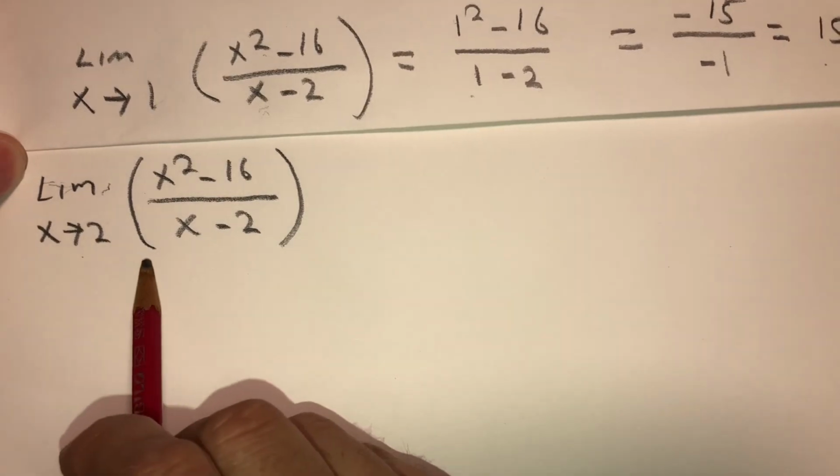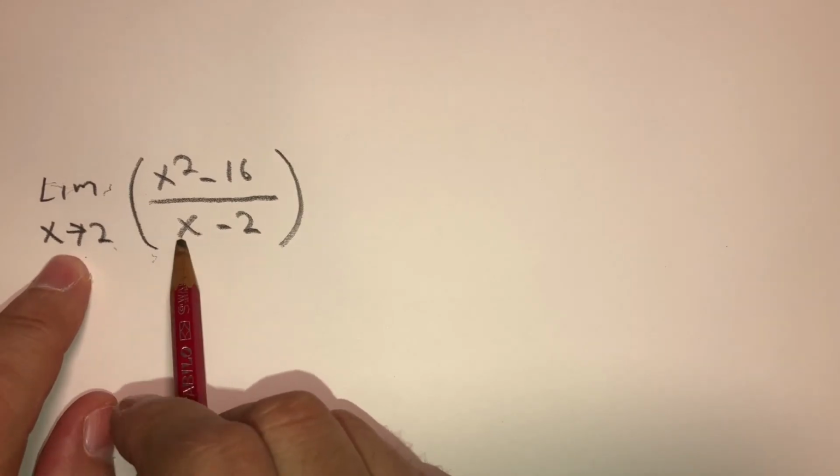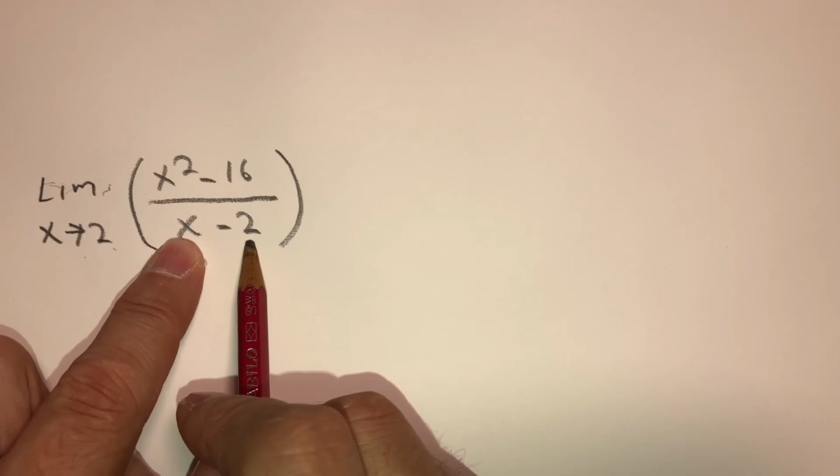So with this problem, if I plug in 2, I get division by 0 right away.